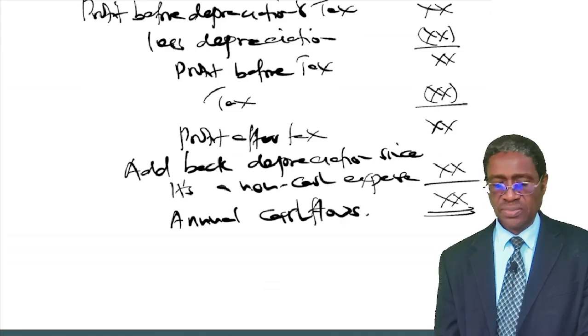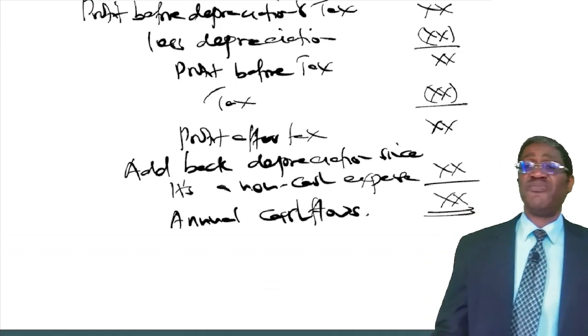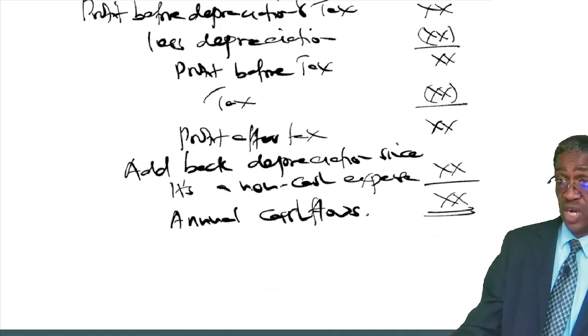Good. That's how you determine the annual cash flows if the examiner gives you profits instead of cash flows.